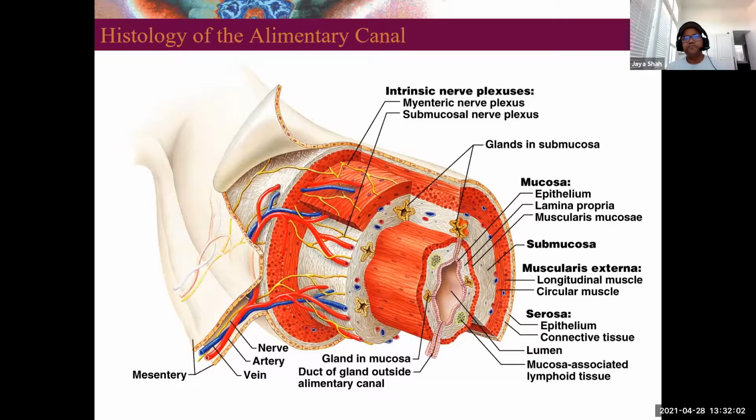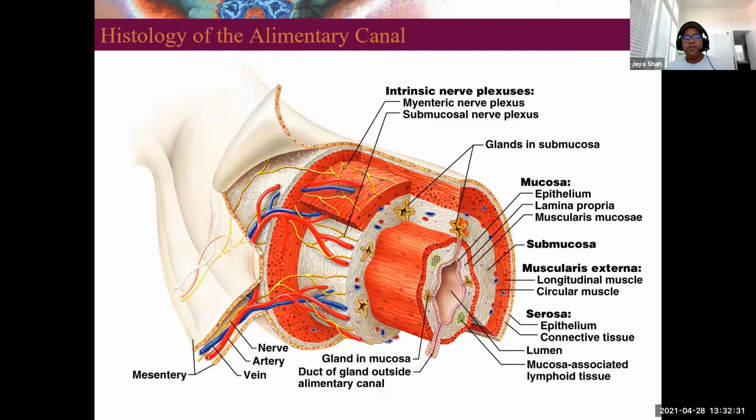Clear? Some of the glands are in the mucosa. Some of the glands are outside the mucosa. Some of the gland ducts drain from the accessory organs. Okay. So this is mucosa. Everybody got it? What are the layers of the mucosa and what is their function?